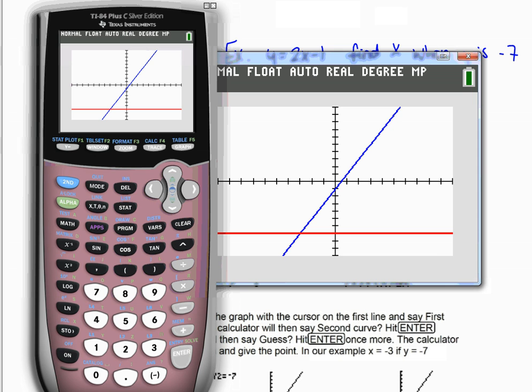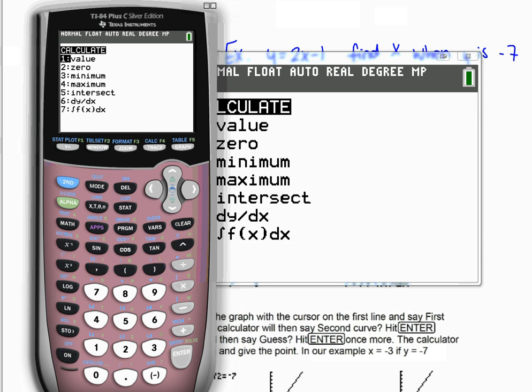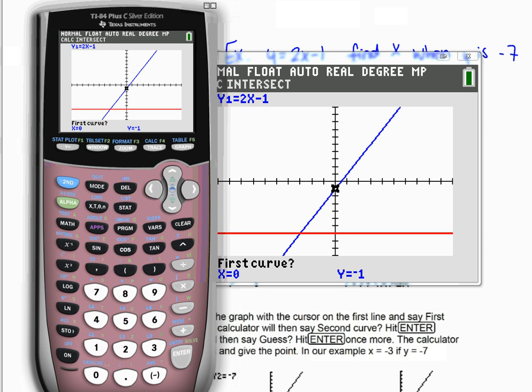Well, one of the most common things you're going to be using in this course, in all your high school math courses, is this calculate feature right here. So how do I get to that? Second trace. And which one do you think I'm going to push? Number 5 for intersect. Now once you push that, you can just push enter 3 times.